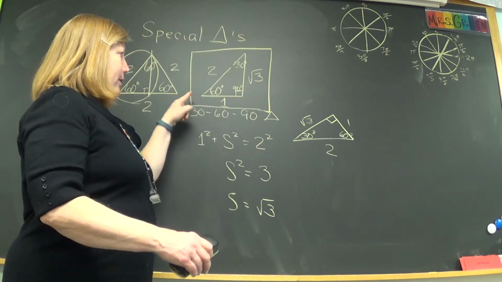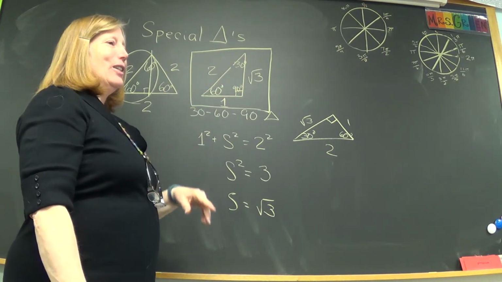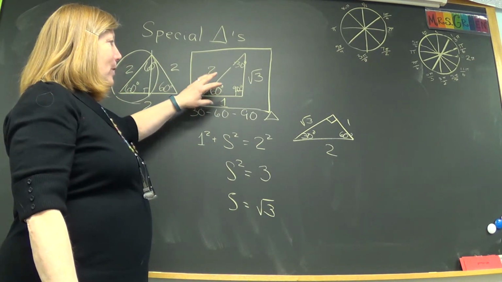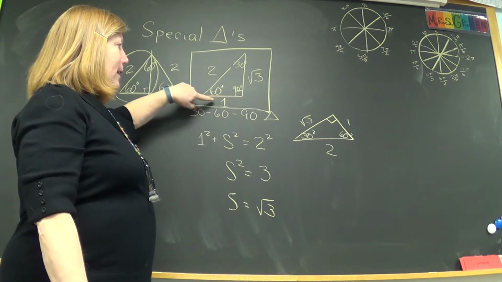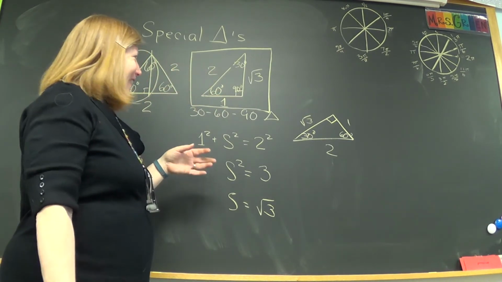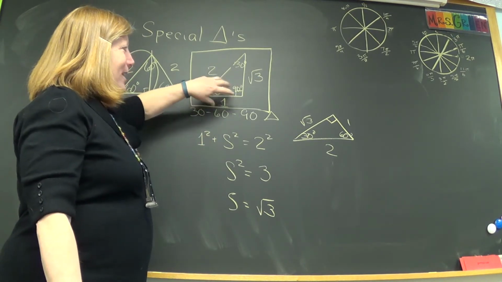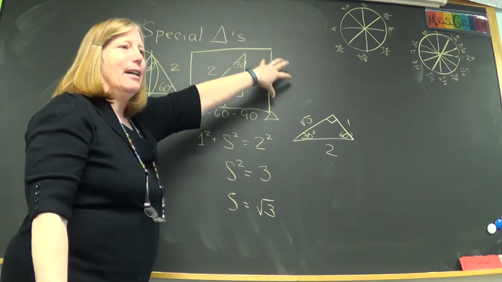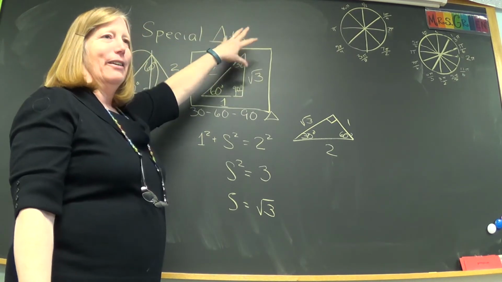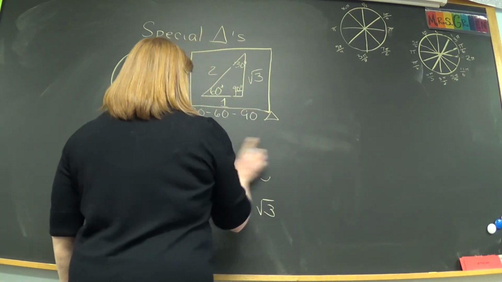So if I have one that starts here and goes to the moon and it makes a 60-90-30 triangle, it will say that the moon is 600 miles from here. I don't know how far it is. It's probably a lot further than that. 1,200. So this would be 1 times 600, square root of 3 times 600, and 2 times 600. 237 thousand miles. Yeah, I just didn't want to multiply that number.